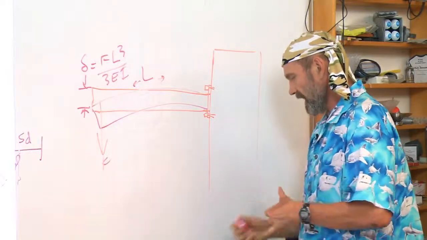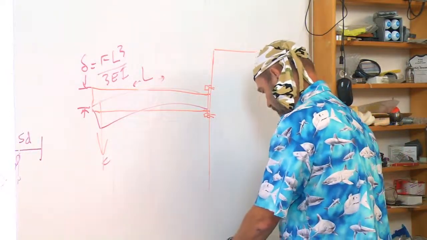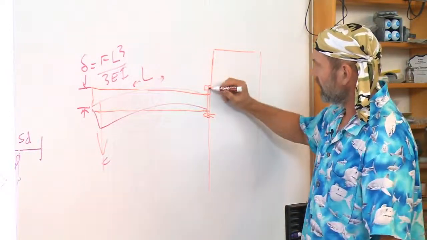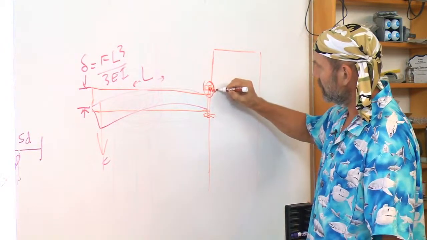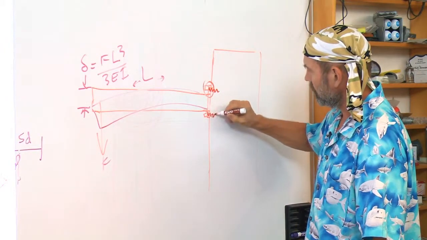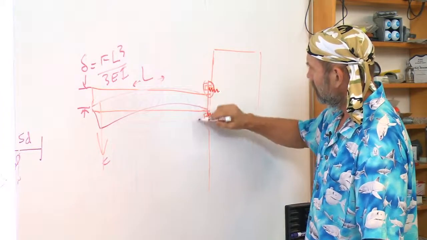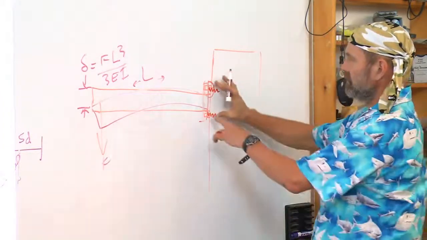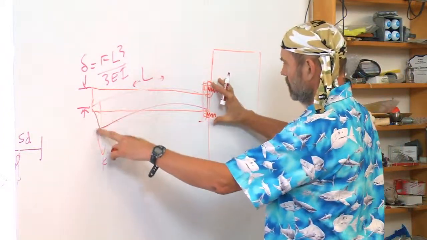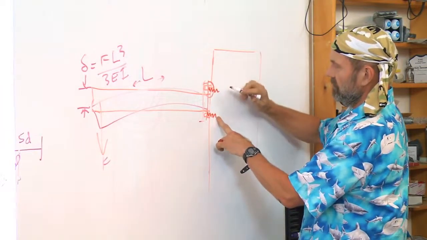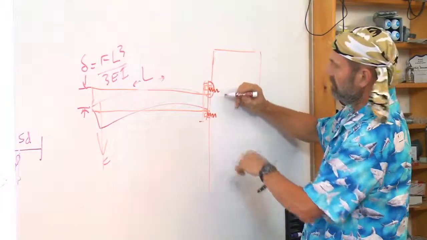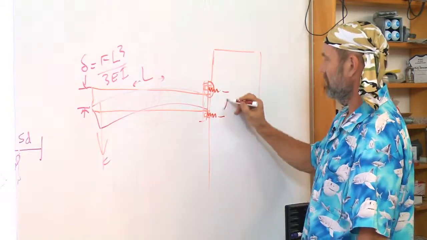But I'm also going to have the fact that back here this looks like a spring, and this looks like a spring. And now I've got these springs with a long lever arm, and this spring is going to compress, and that's going to extend. The springs are spaced some L apart.